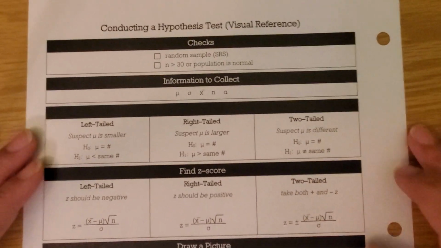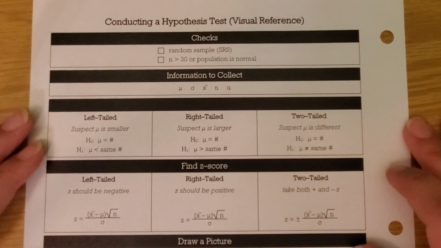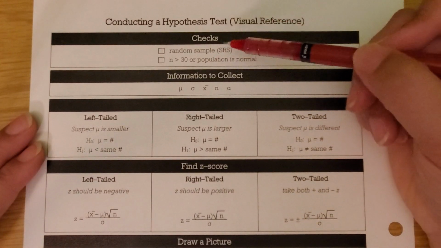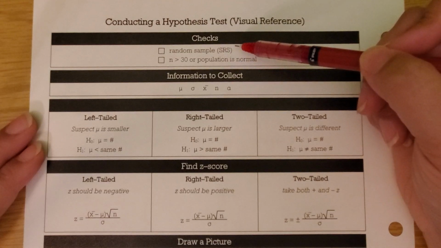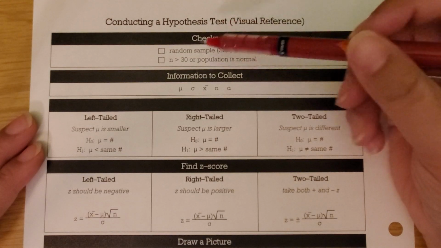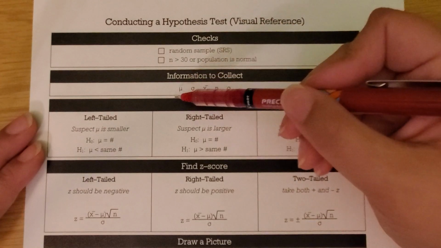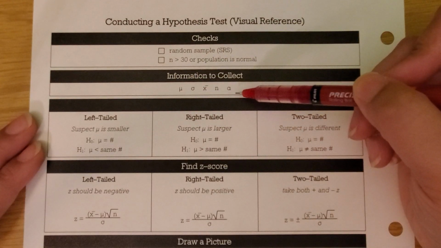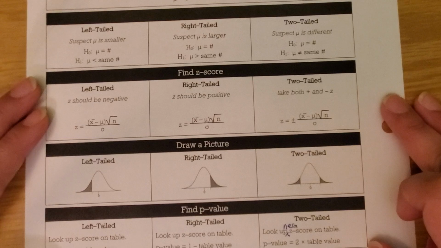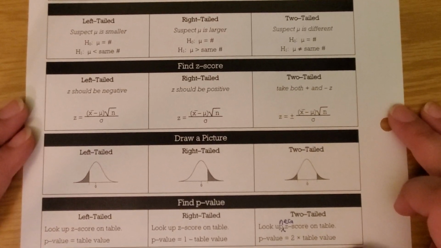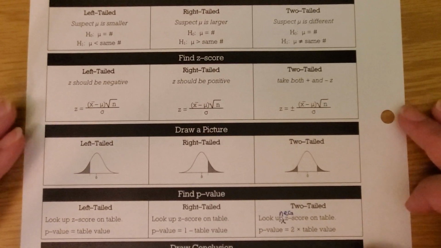So if you prefer a more visual layout of this information, that's what I've got going on here. So we've got a presentation of our checks that we've got an SRS, and we've got an appropriate sample size or normal population. Here's the info that we're going to want to collect. And then I have a separation of the different steps depending on the type of question we're doing.